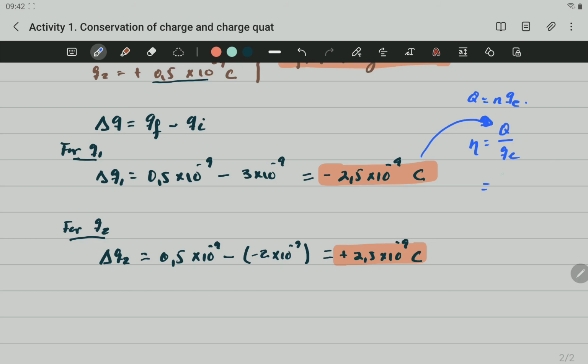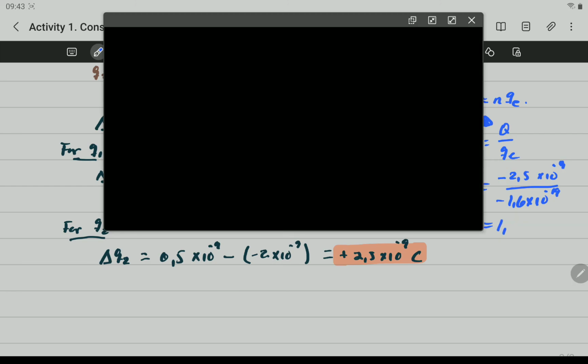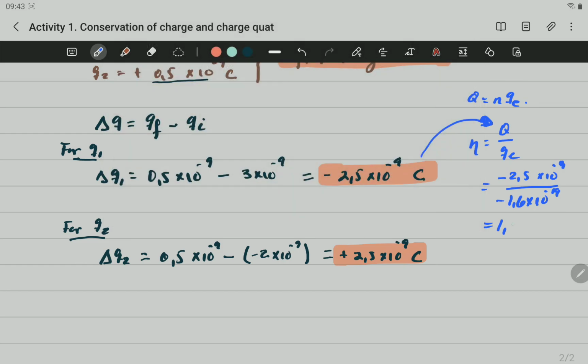So this one is equal to minus 2.5 times 10 to the minus 9, because this one now has more electrons, divided by 1.6 times 10 to the minus 19 coulombs, and the answer will be 1.56 times 10 to the 10 electrons. So this is the answer. This is the number of electrons that were transferred.